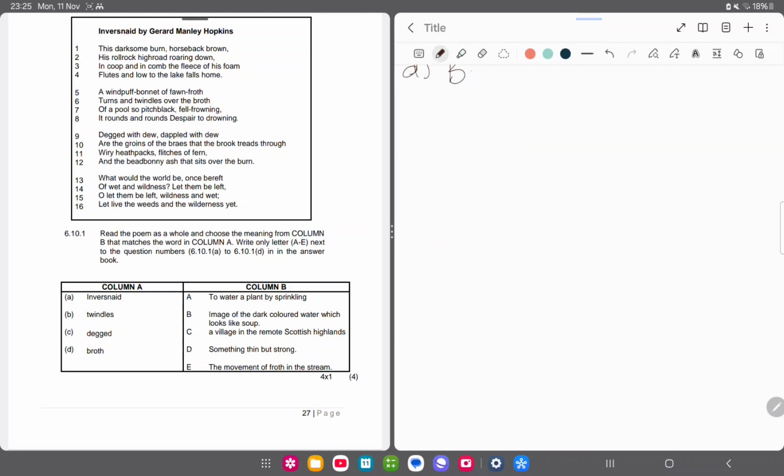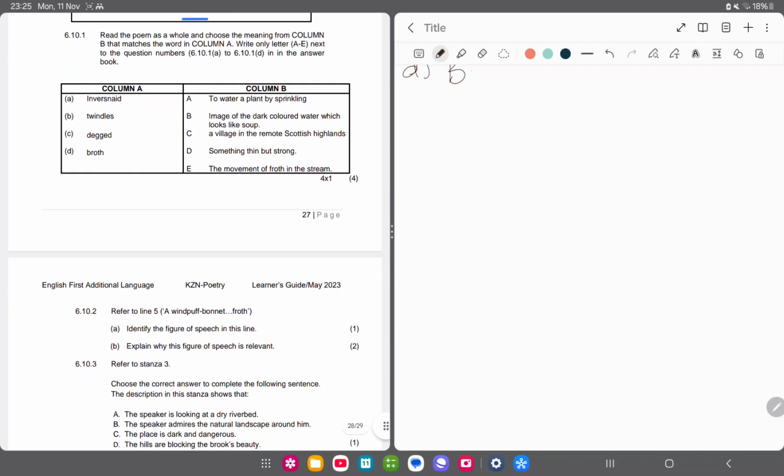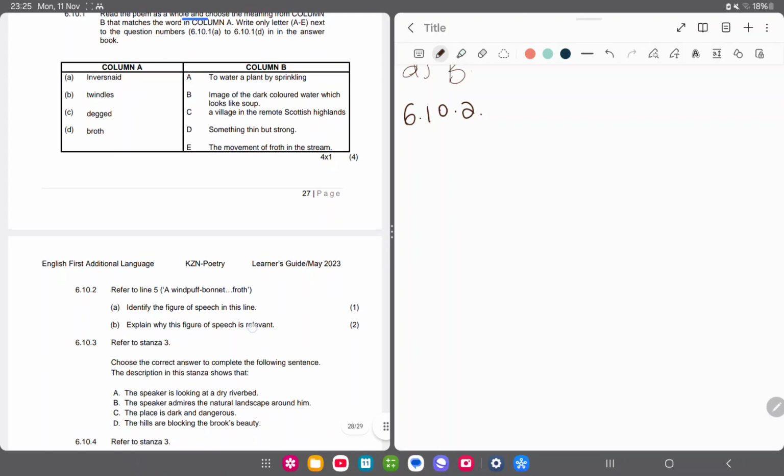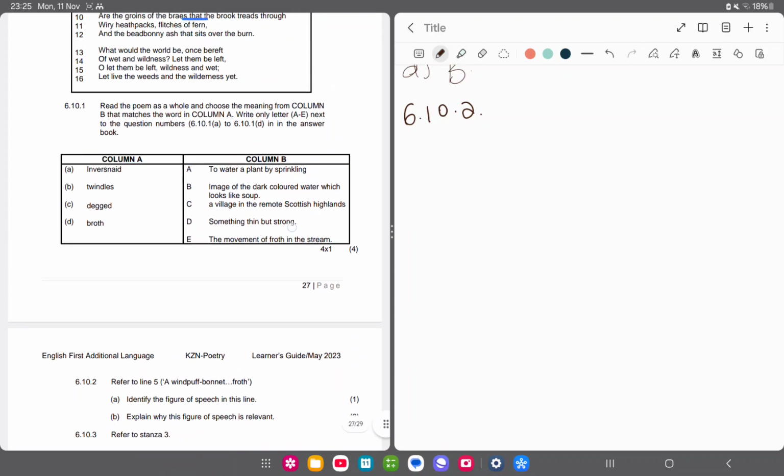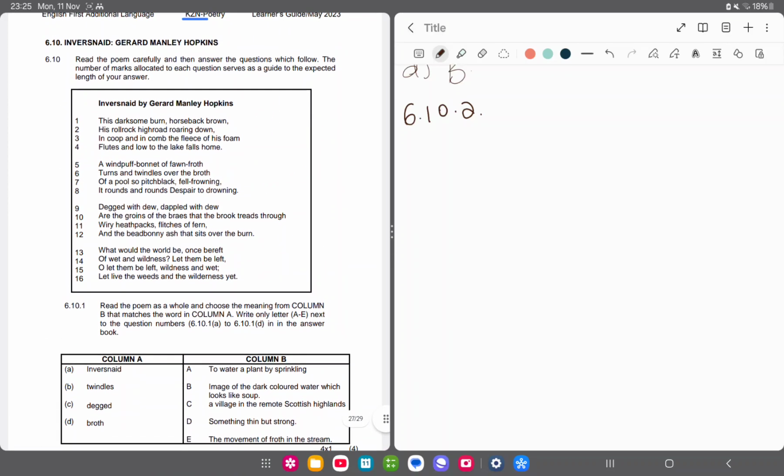As we are moving forward, let's go to 6.10.2. Now this question says, refer to line 5 and in A, identify the figure of speech used in this line. Let's go to line 5. Line 5 reads, a wind-puff bonnet of fawn froth.